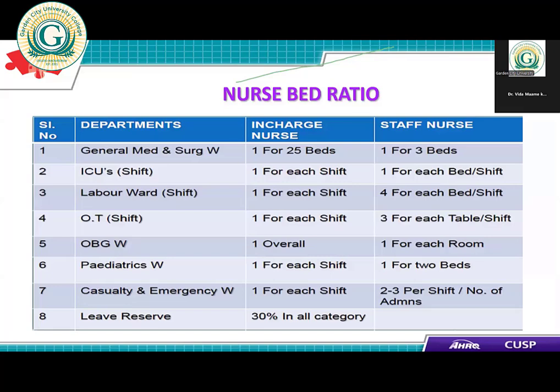When you go to ICU, we have 1 in-charge for each shift, then 1 nurse for each bed per shift. These are some of the bed ratios for the operation theater, obs and gynae, pediatrics, casualty and emergency, and we can also have a reserve in all categories of patients. So that is the bed ratio for the departments, for the in-charge and the staff nurse.